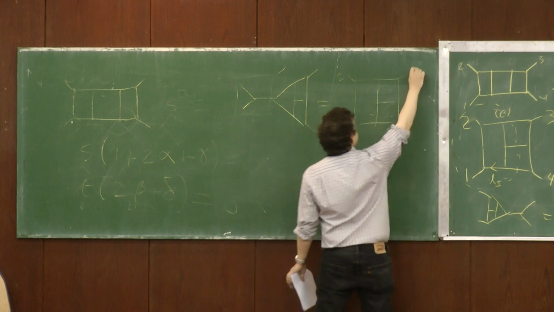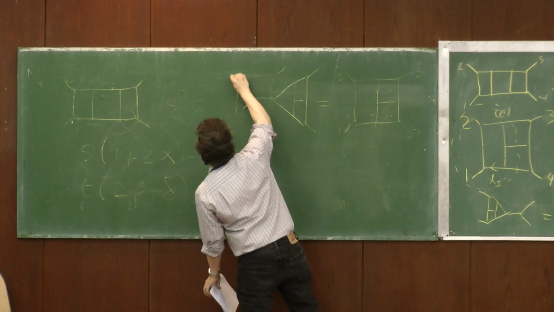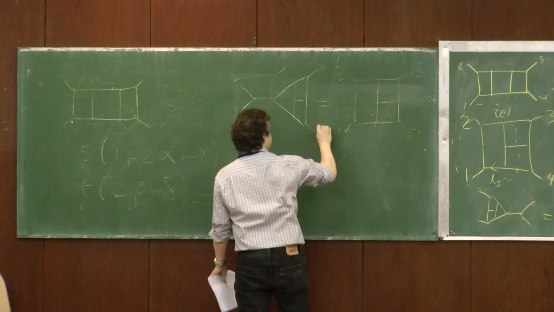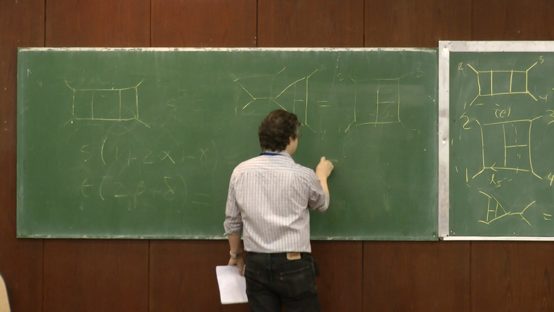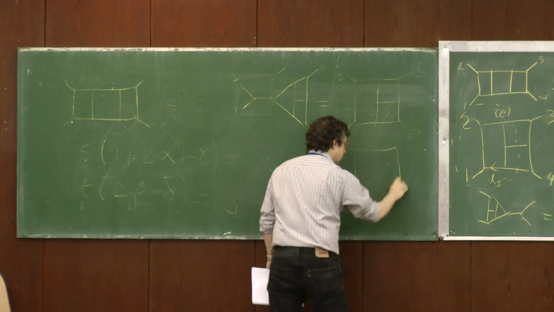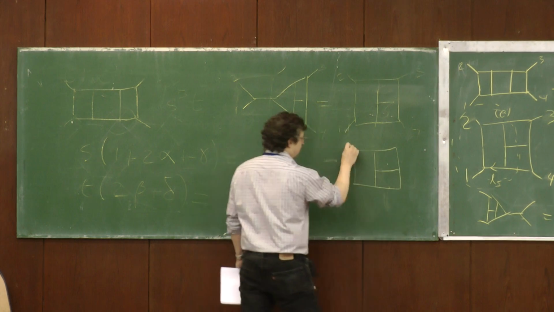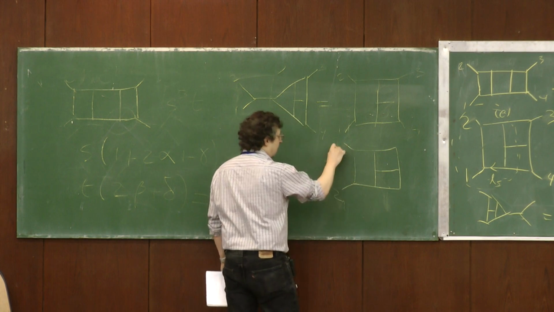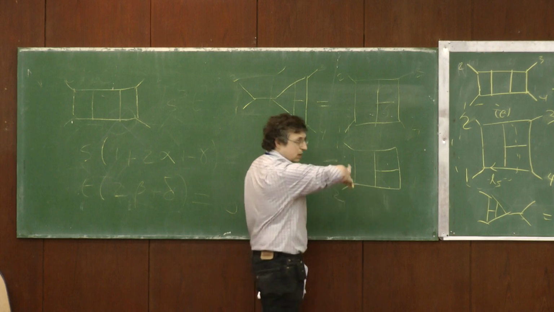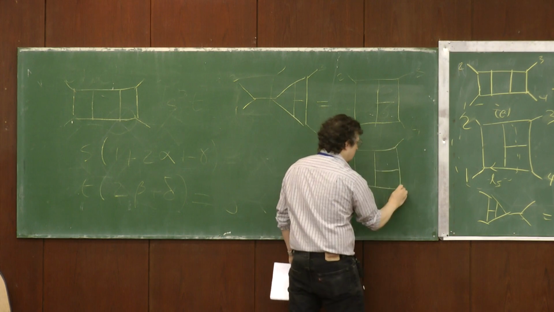1, 2, 3, 4. 1, 2, 3, 4. And then minus, again, it's diagram E, except I do a permutation of the legs. Right? That's the twist.